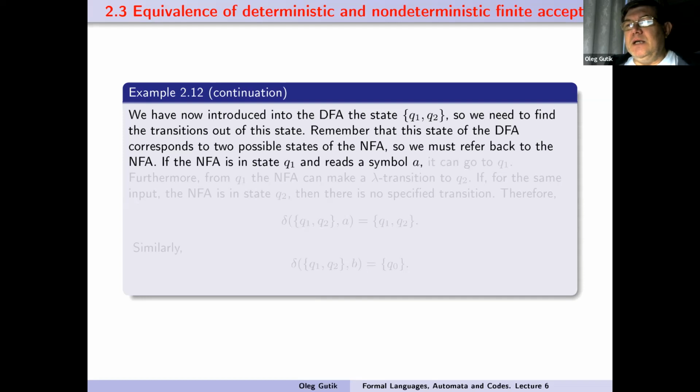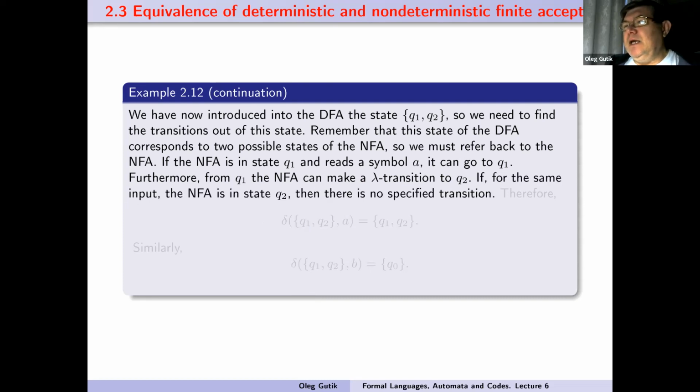If the non-deterministic finite acceptor is in state Q1 and reads a symbol A, it can go to the state Q1. Furthermore, from the state Q1, the non-deterministic finite acceptor can make a lambda transition to Q2. If for the same input the non-deterministic finite acceptor is in the state Q2, then there exists no specific transition.